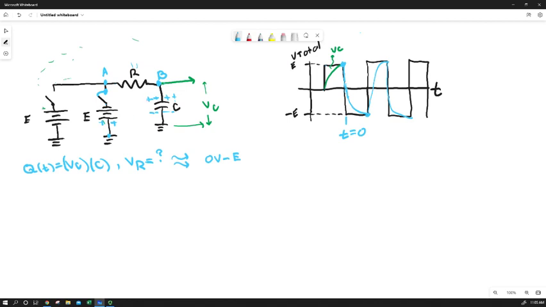So we need to look at the probable direction of current flow. We know that we have already charged our capacitor up such that it's got a positive charge on this side and negative on the other. Furthermore, our voltage source here is oriented effectively in the same direction as the capacitor. So we absolutely are going to have current flowing in that direction.